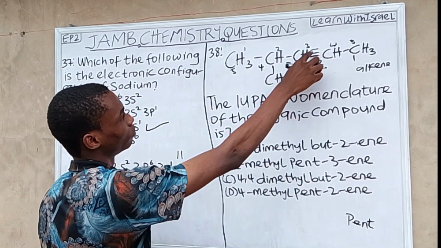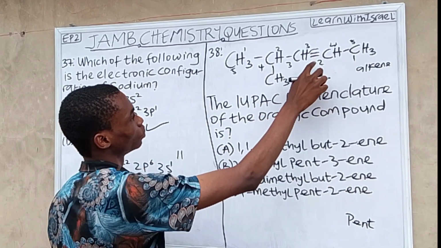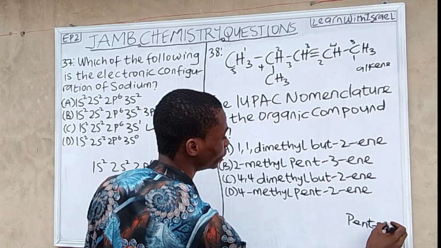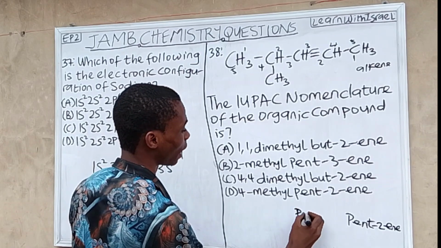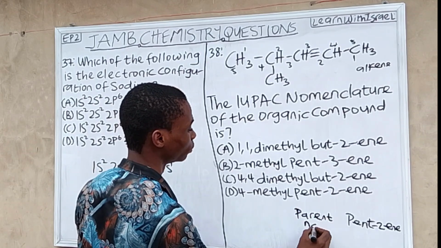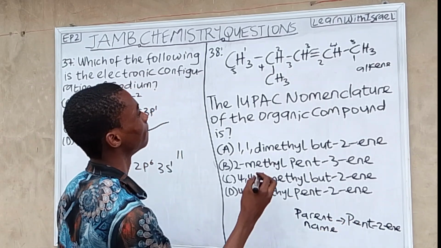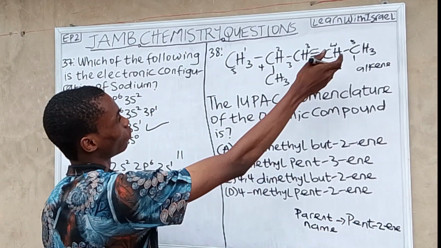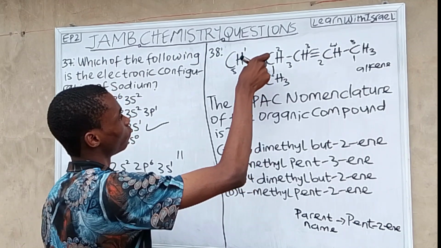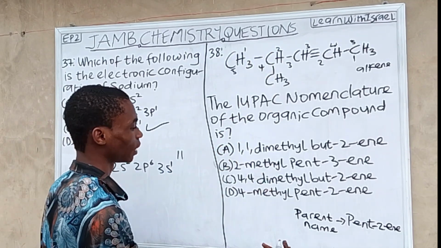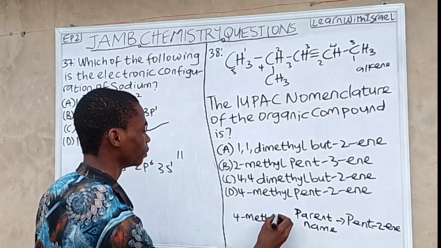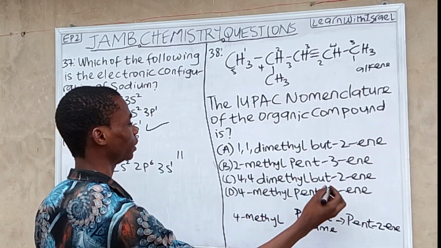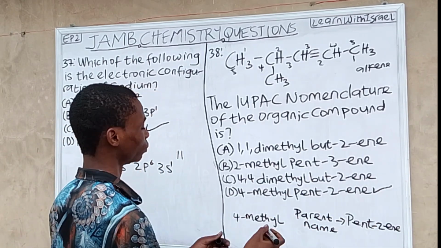The double bond is located at 2. So our parent name is pentene. Now, if we continue counting forward, 1, 2, that's pentene, 3, 4. 4 has a methyl. So we can now say 4-methylpent-2-ene, which is option D. So let's continue.